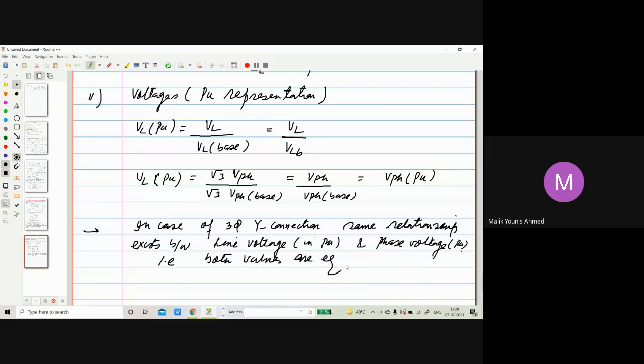In other words, they are both equal. So same relationship exists means the values are same. Okay, let's move further.